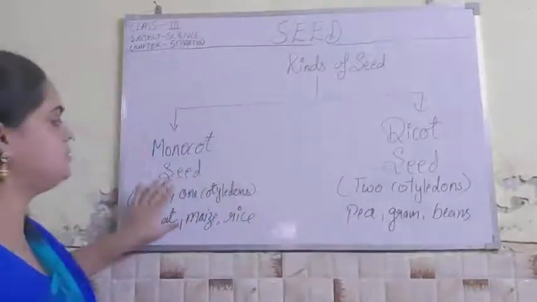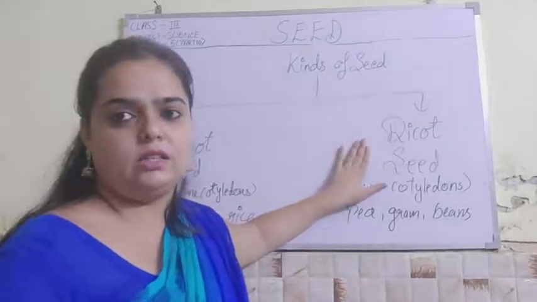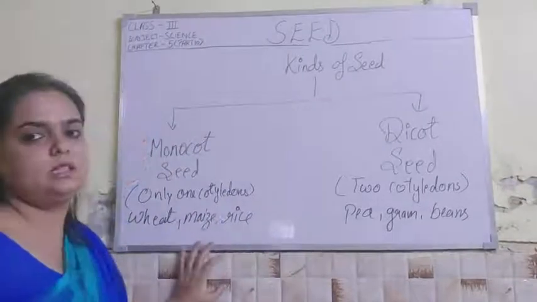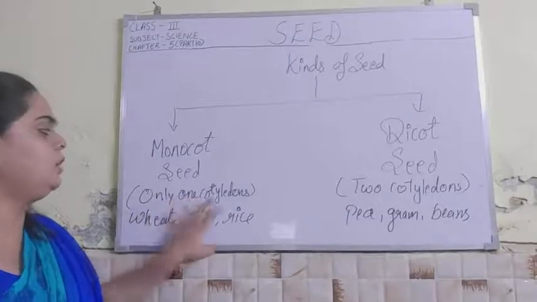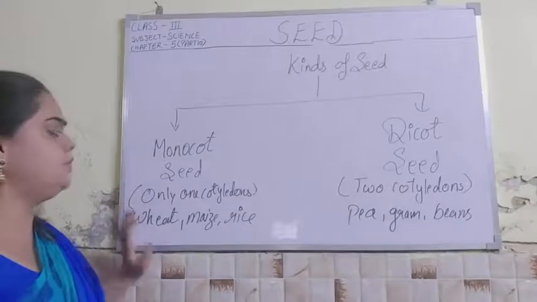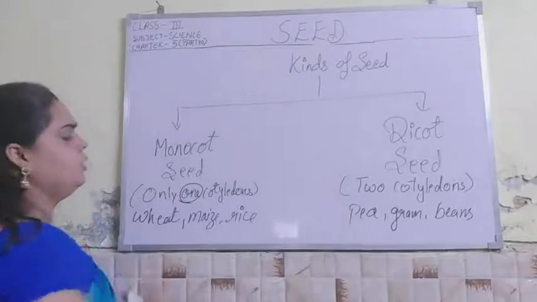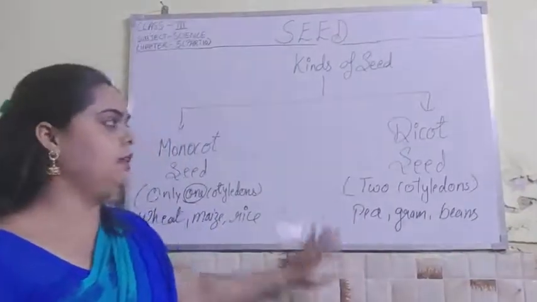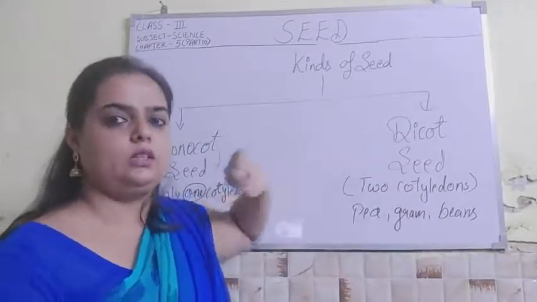A monocot seed is the one which has only one cotyledon. And when the seed has two cotyledons, then that seed is called dicot seed.